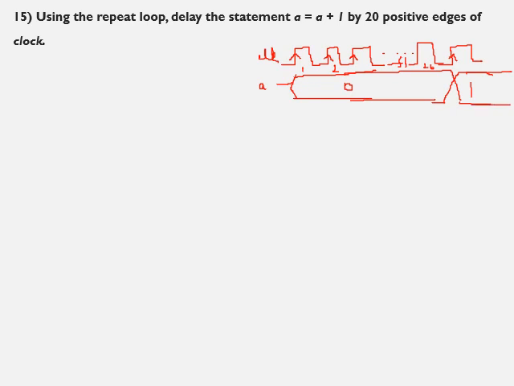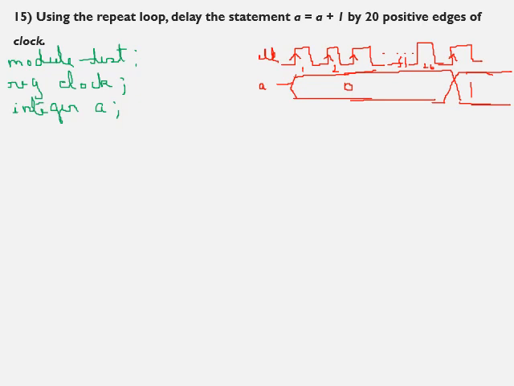So for this we have to write a program using repeat loop. So module, let me take the name of the module as test itself. I will declare a register called clock, okay, and then one integer a.